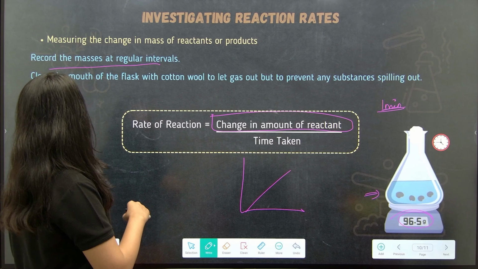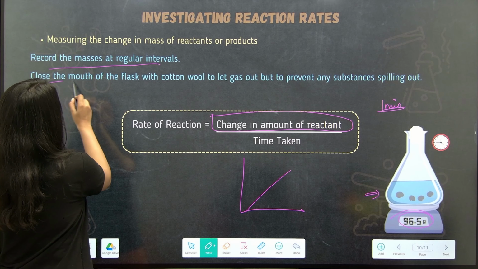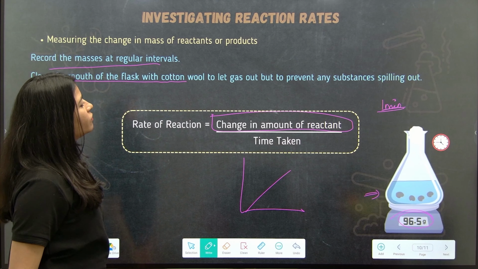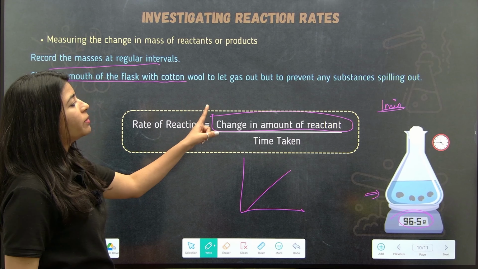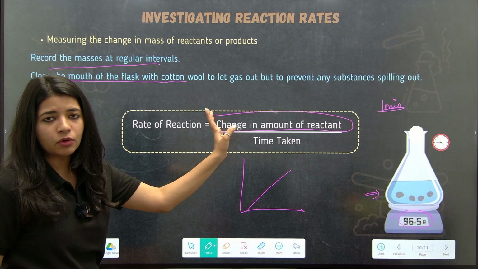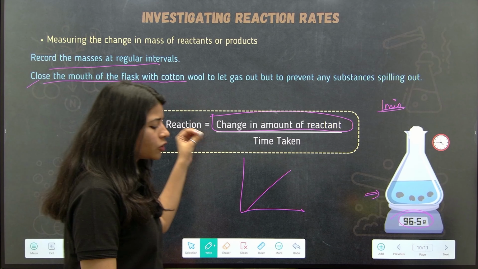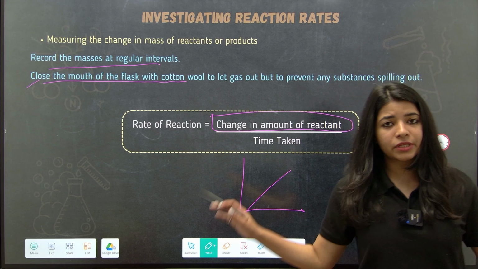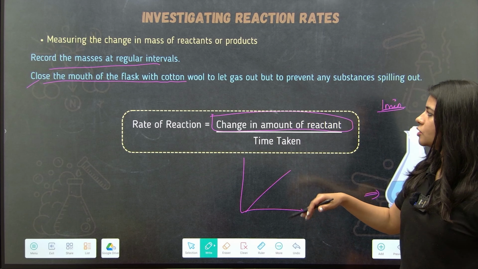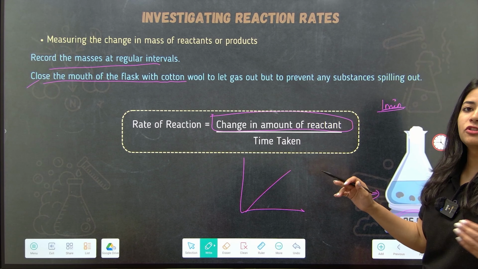So this is how we measure the change in mass of reactant. Close the mouth of the flask with cotton wool to let gas out, but to prevent any substance spilling out. This will ensure the accuracy of this technique. So this is how we are going to measure the change in mass.